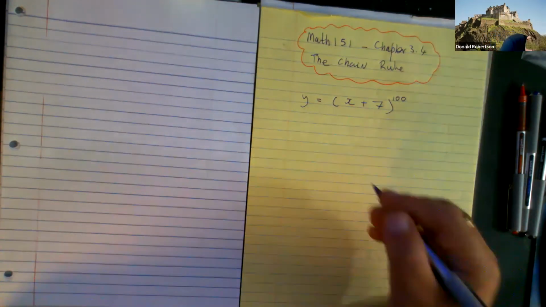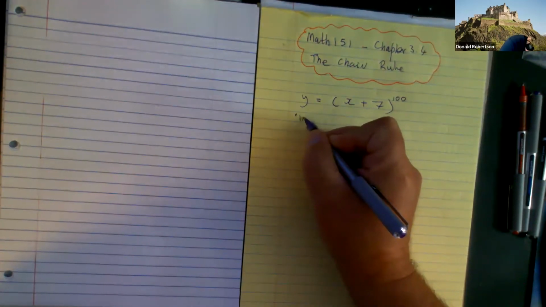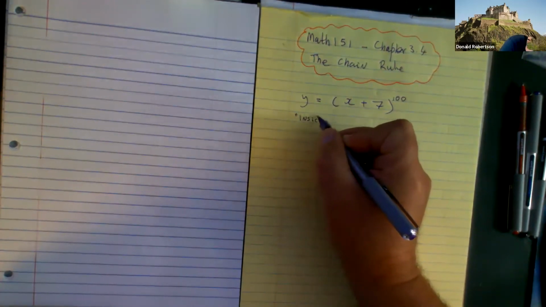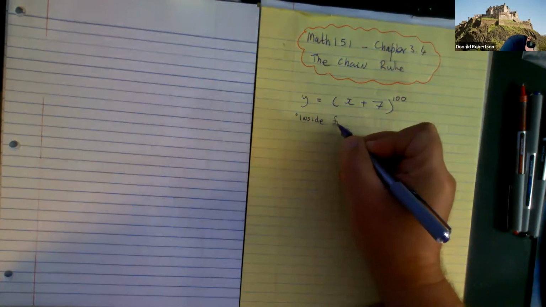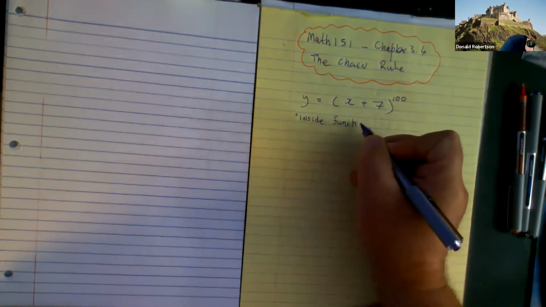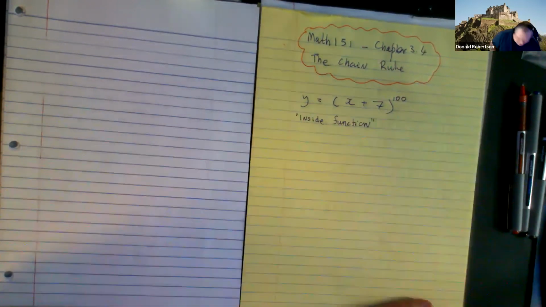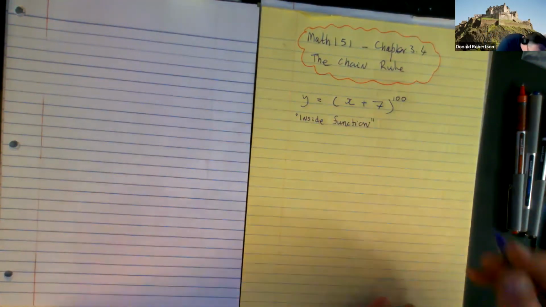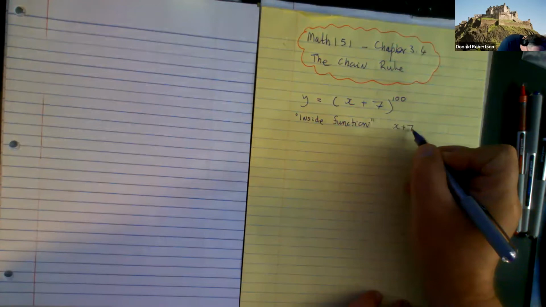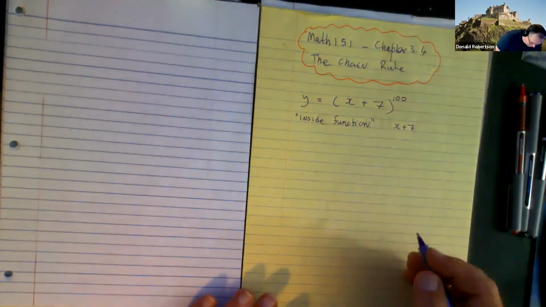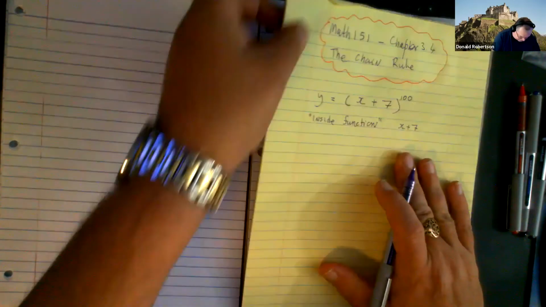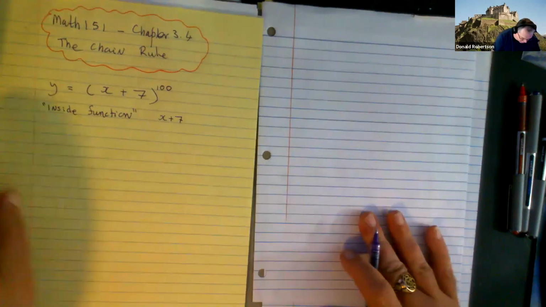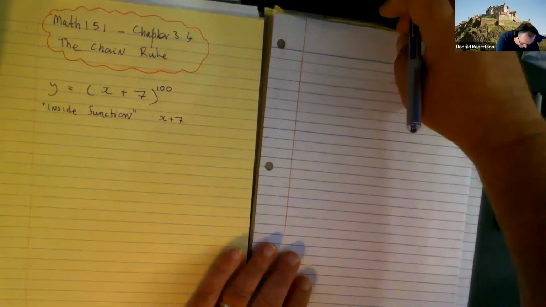And before I tell you how we're going to solve it, we're going to introduce you to a term that gets used a lot. It's going to be called the inside function. Now, the inside function in this situation here is x plus 7. I'm coming back to that. I just want to show you some other functions and what the inside function looks like.